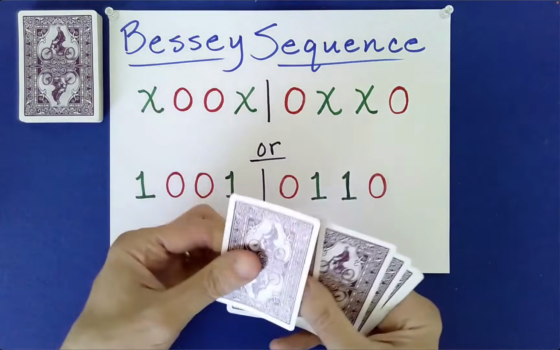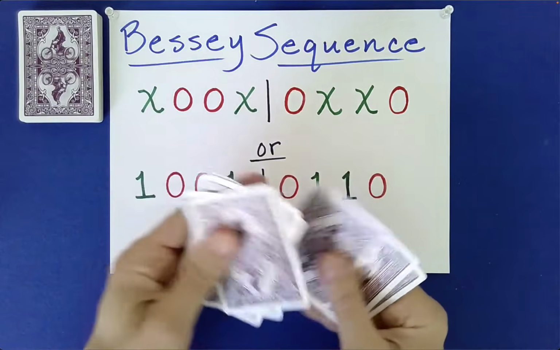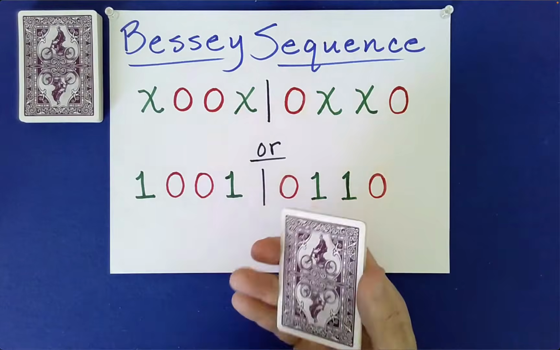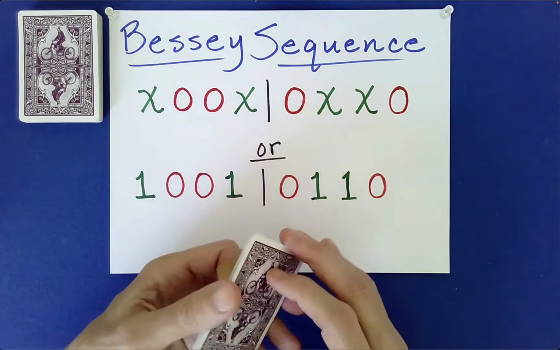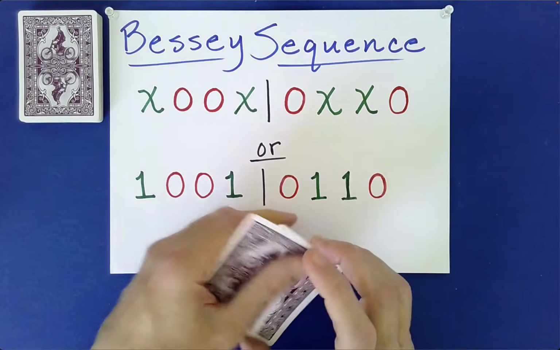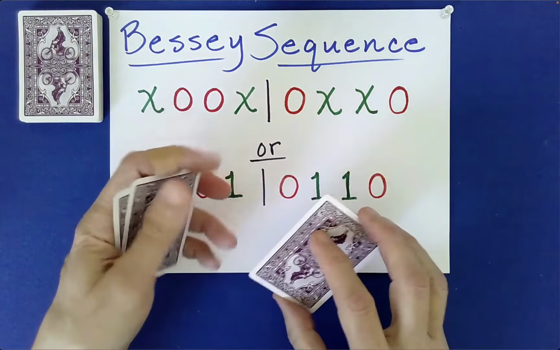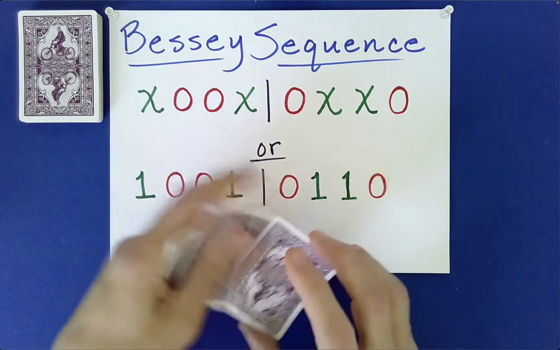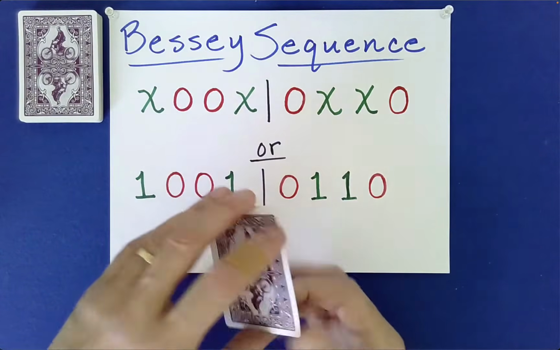You go under, over, under, over, under, over, under. Okay, so that's going to begin to mix these cards. And then we're going to mix them top, bottom in random ways. So I'll take one from the top, a couple from the bottom, one from the top, and maybe I'll take one from the bottom, a couple from the top, and the last bottom card goes on top.